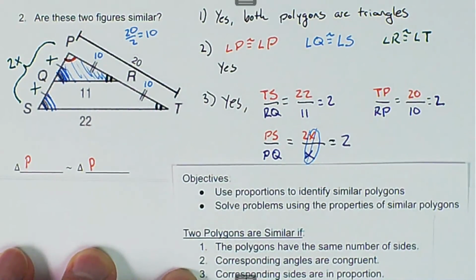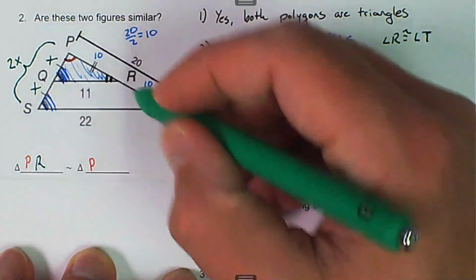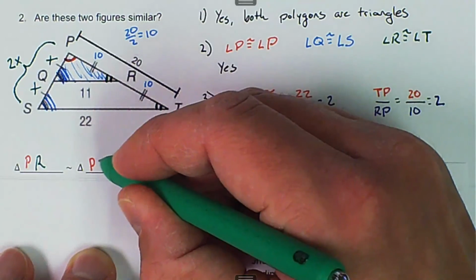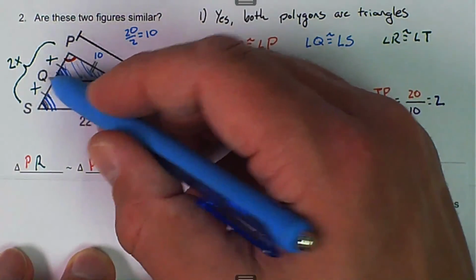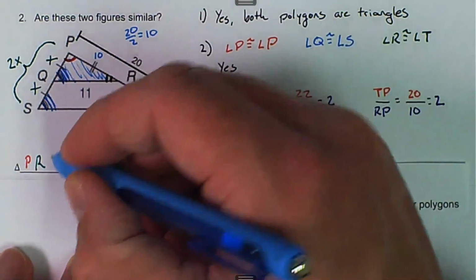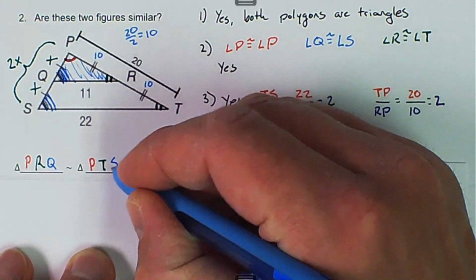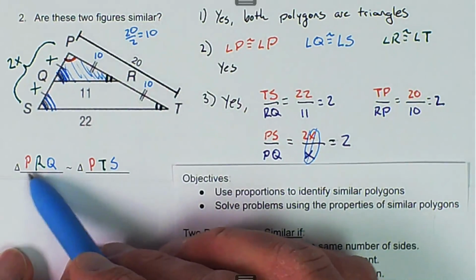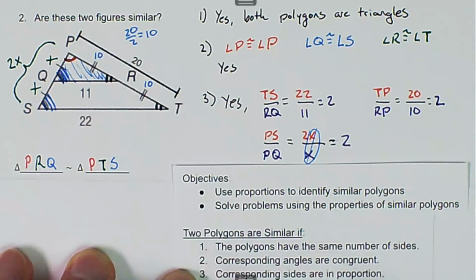R has 2 marks, and corresponds to T, which has 2 marks. And then here we have Q has 3 marks, and S has 3 marks. So triangle PRQ is similar to triangle PTS.